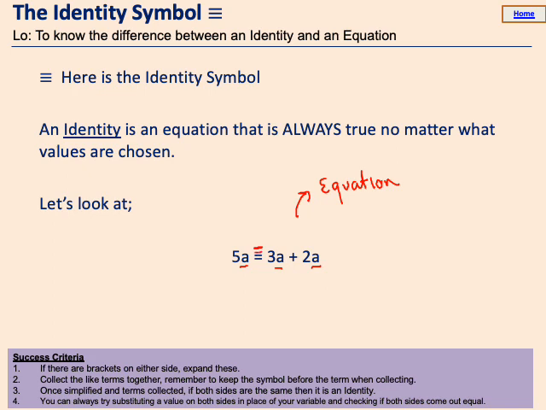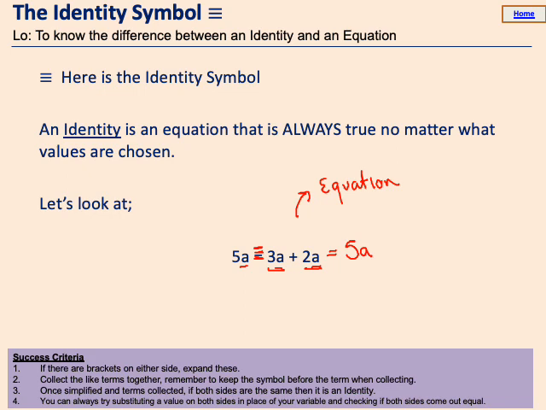So this is actually an identity. The way that we can check this using our success criteria is we said if there's terms to be collected, we can collect them, so we know that 3a and 2a are both like terms, so they can be collected to make 5a.